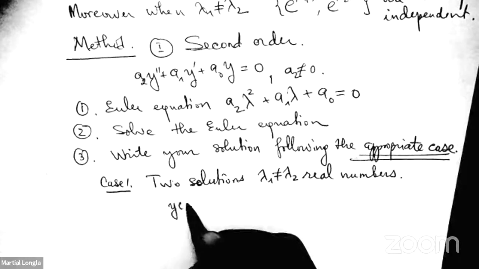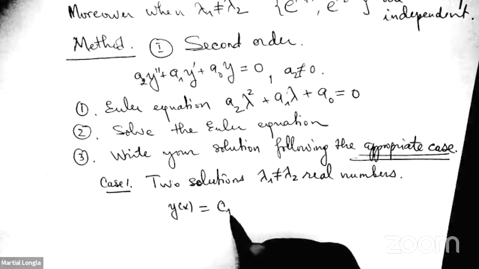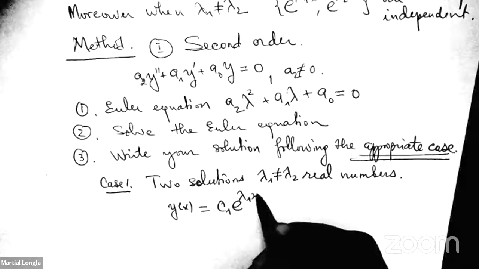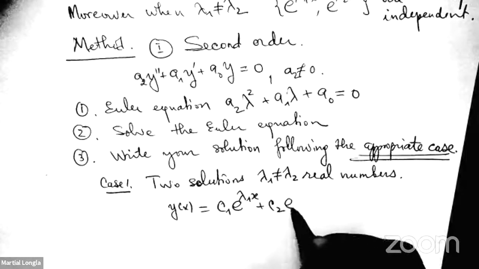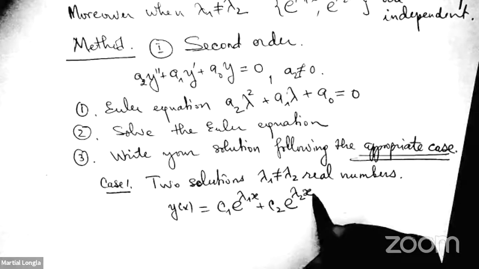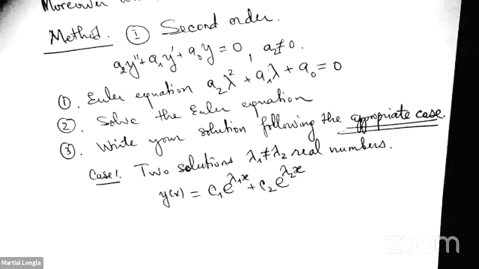Therefore, your solution is y of x equals c1 e to the lambda 1 x plus c2 e to the lambda 2 x. That's what you would do.